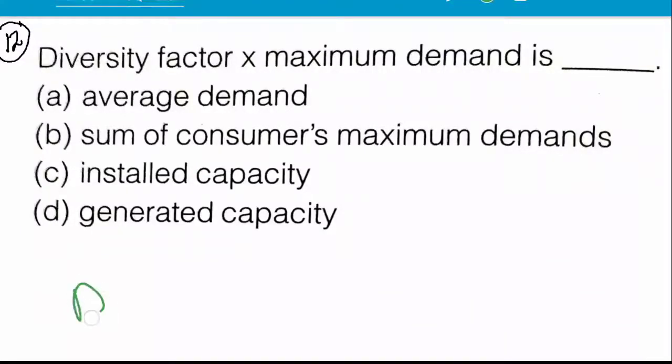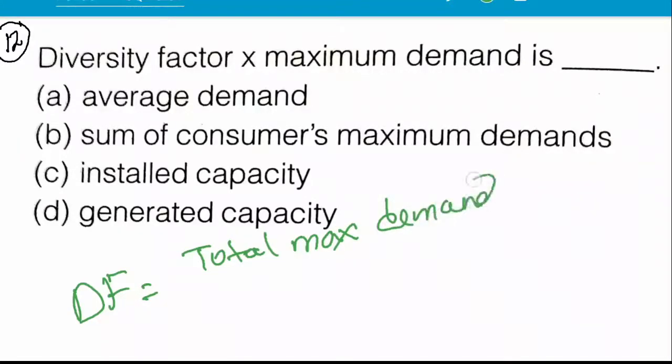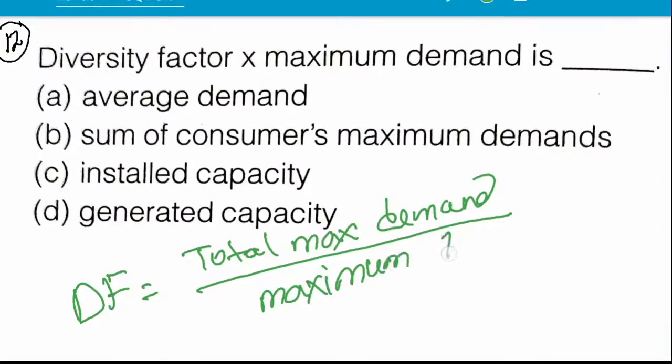Next question, diversity factor into maximum demand is dash. Diversity factor is equal to total maximum demand by maximum demand. Total maximum demand means number of consumers multiplied by the maximum demand of each consumer.